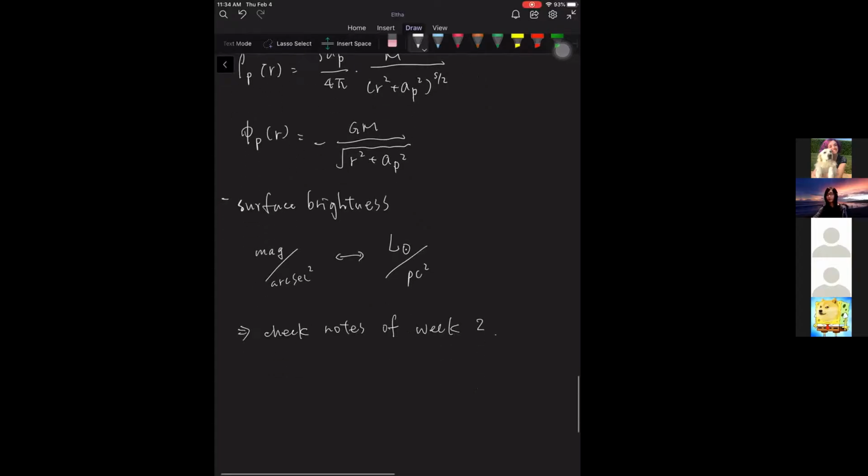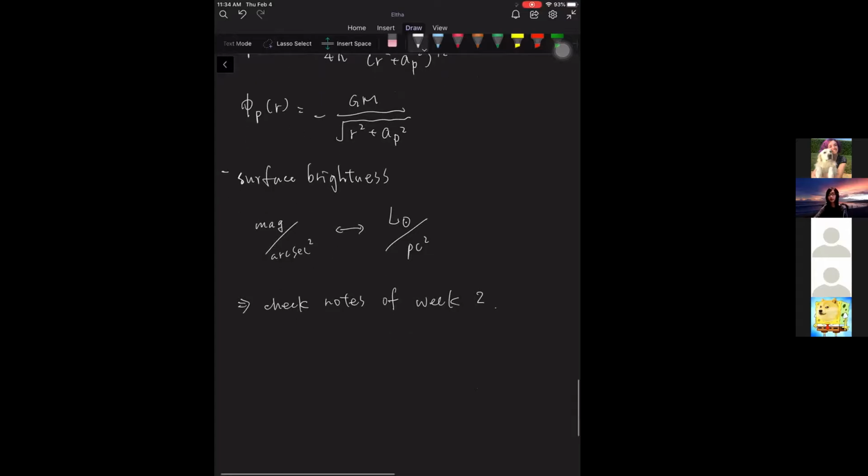Okay, and the final thing I want to say today is, there's also a problem in your homework asking you to calculate the surface density.